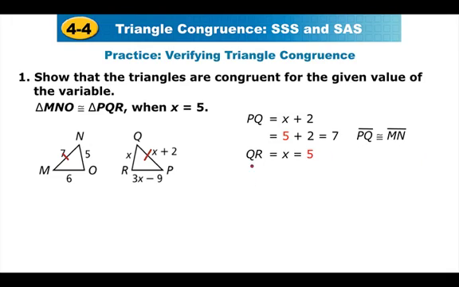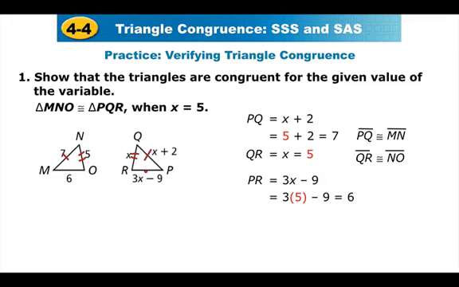Next one, QR. X is 5, so this is 5. This has to be congruent to this other side. Since they're equal, they must be congruent by definition of congruence. That's why we see this here. Next, the last one is to plug x into PR.